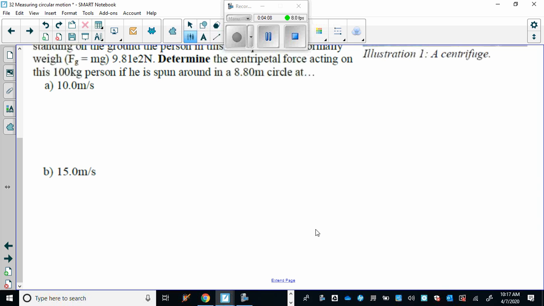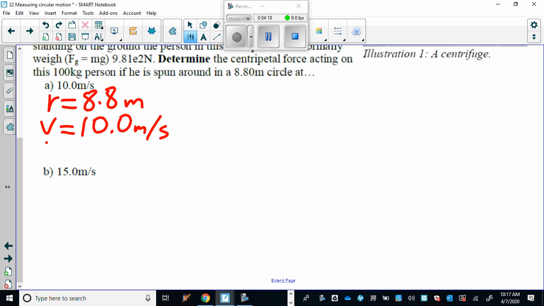Question A: radius is 8.8 meters. The velocity is 10.0 meters per second. And we're asked to find the centripetal force. And this is easy because we just derived the formula. Oh, and I forgot to write mass. Mass is 100 kilograms.